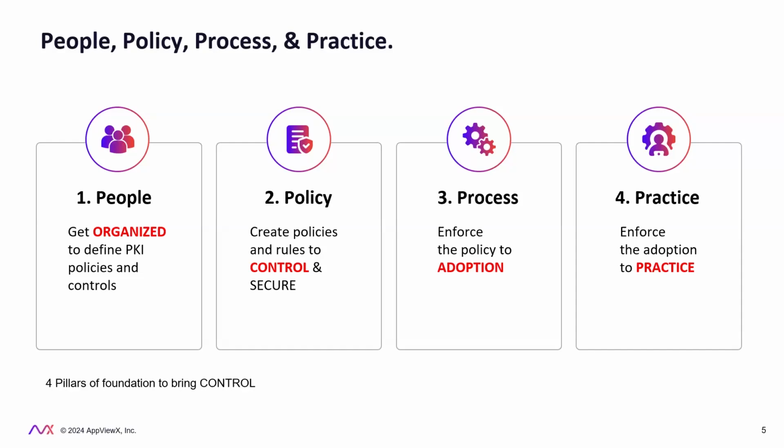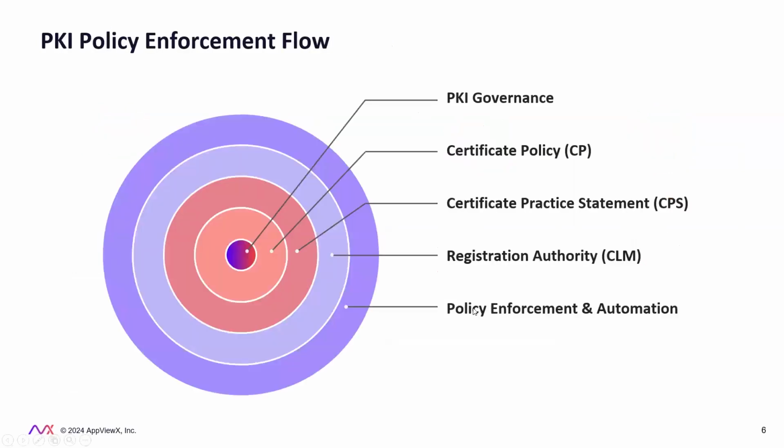So these are the four pillars that you need in order to define ground-level PKI policies. It doesn't just apply to government, it applies the same way when you create a policy. So let's talk about the policy documents that you need in order to have PKI governance. PKI governance is the core security of a PKI system.